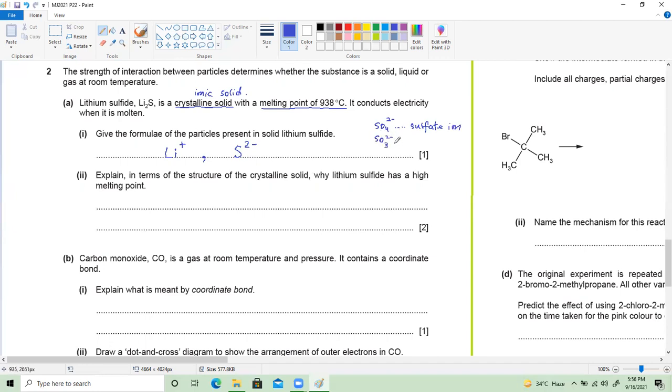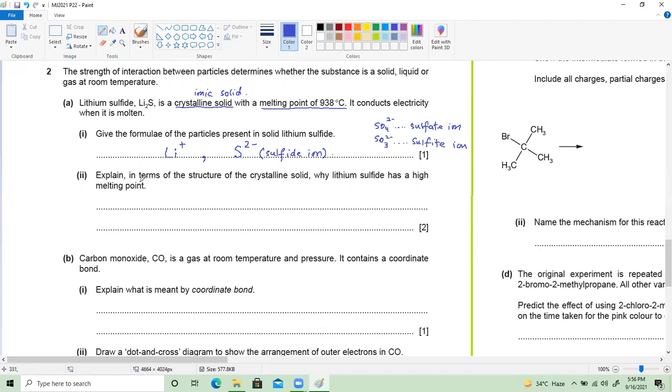SO3 2 negative जो है उसको हम बोलते हैं सल्फाइट ion. And this is S2 negative, called sulfide ion. Okay, a sulfur atom having a 2 negative charge is called a sulfide ion.